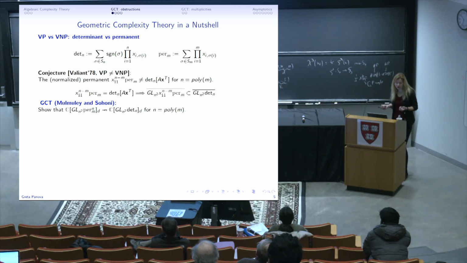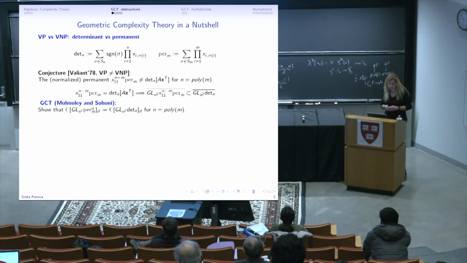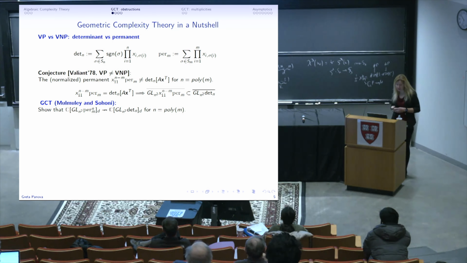So we want to show that this is not happening for n equal to polynomially sized m, so that this coordinate ring does not have an equivariant map going into the coordinate ring for the orbit closure of the determinant.